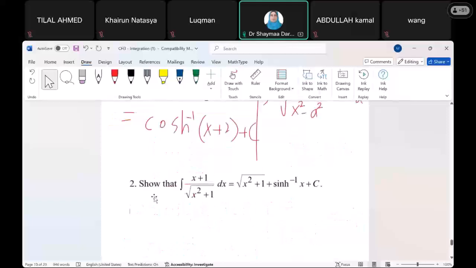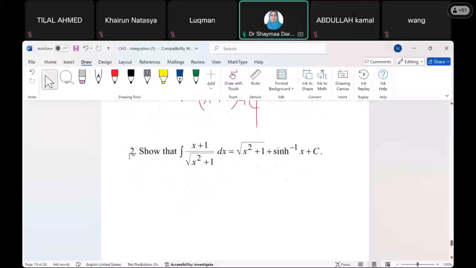Now we need to solve this one. We need to show that the integration of x plus 1 over the square root of x squared plus 1 equals this value. So how to integrate this part, x over the square root of x squared plus 1? We have to split the fraction.